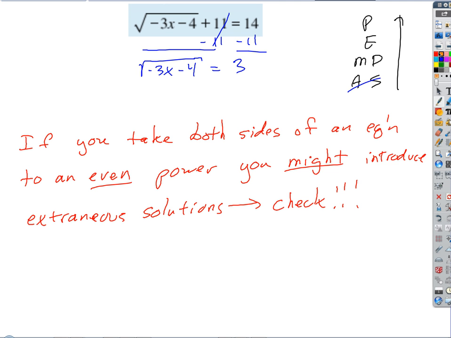So what if we were to take both sides of the equation and square each side? Well, the square is going to undo the square root, right? And then I'm going to end up with, on the left side, negative 3x minus 4, and on the right side, I'm going to get 9. And now from there on out, it's looking a little easier, maybe.